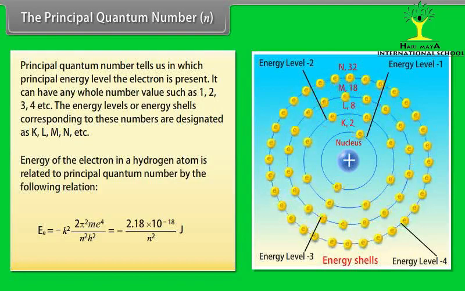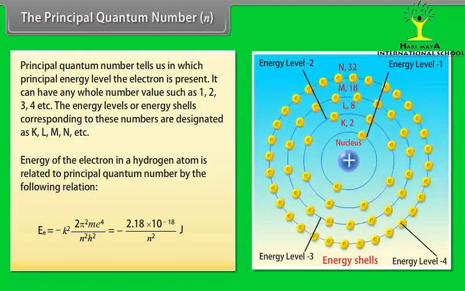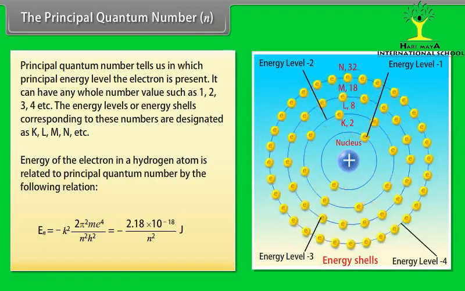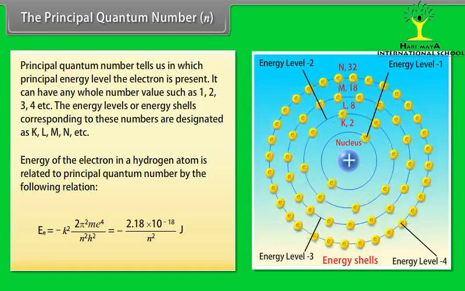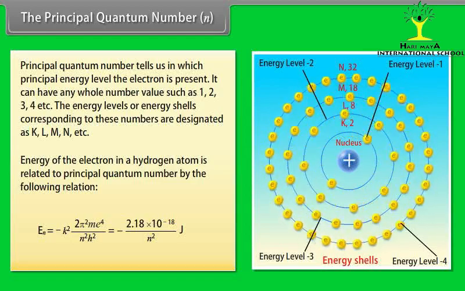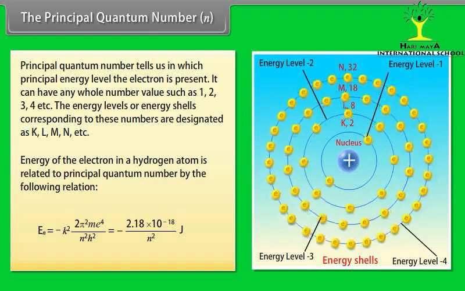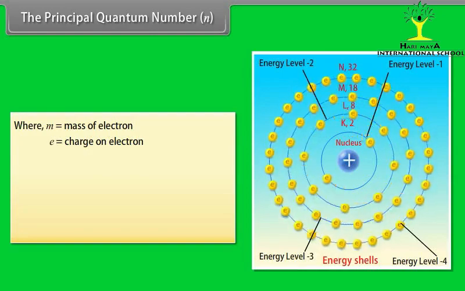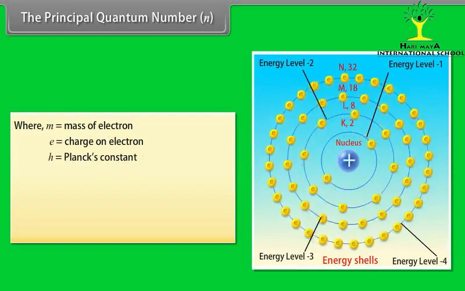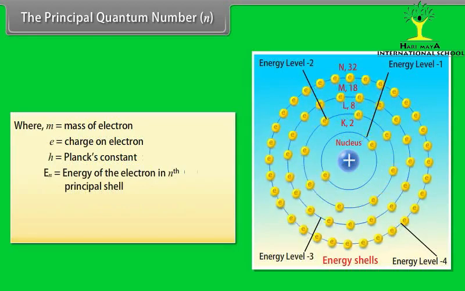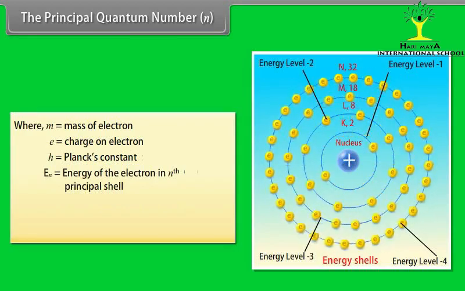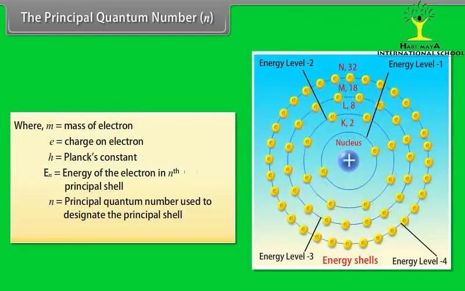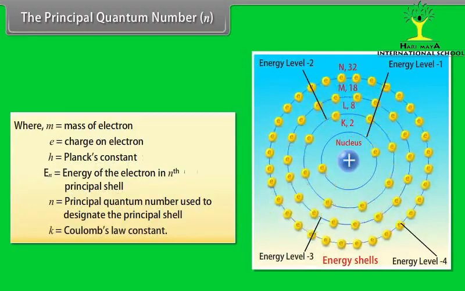En = -k² 2π² m e⁴ / (n² h²) = -2.18 × 10^-18 / n² joule, where m is the mass of the electron, e is the charge on the electron, h is Planck's constant, En is the energy of the electron in the nth principal shell, n is the principal quantum number used to designate the principal shell, and k is Coulomb's law constant.